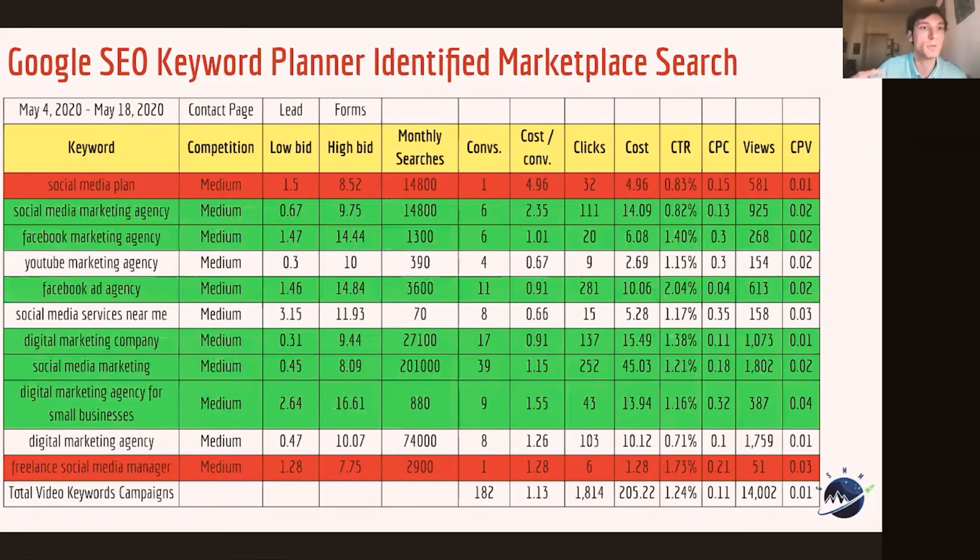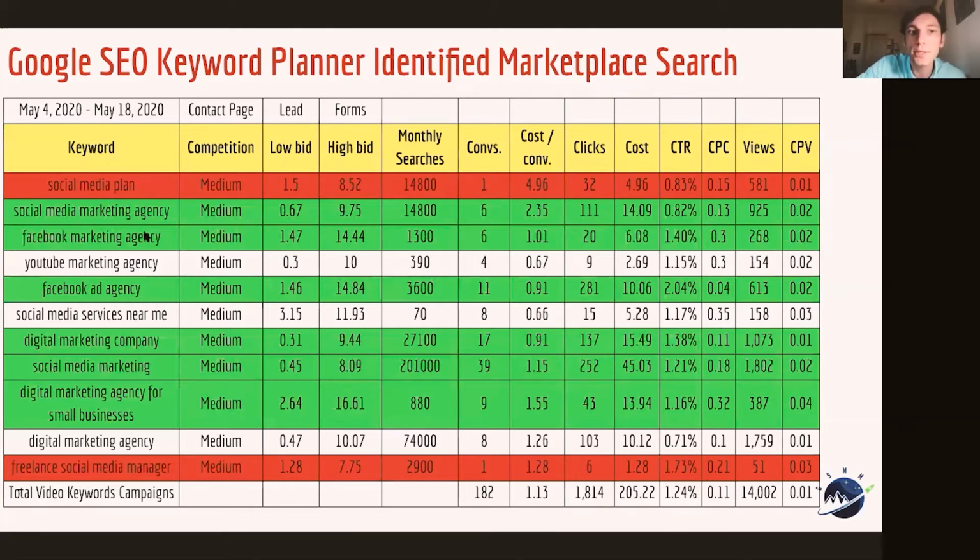However, if you're just getting started, I would recommend using the keyword planner and taking, for example, 10 to 15 keywords that best describe your product or service and plugging those into Google Ads. What that's going to do is give you these three columns on the left: competition, low bid, and high bid.